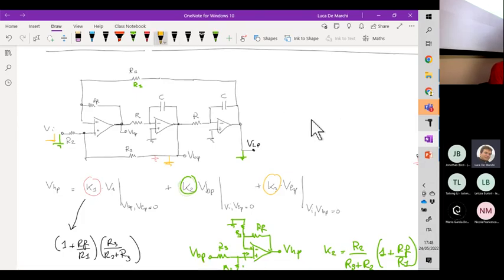So the new circuit is something like this. The positive input is connected to the parallel between R2 and ground and R3 and ground. And then we have a feedback loop through RF. And finally, R1 is connected to VLP.